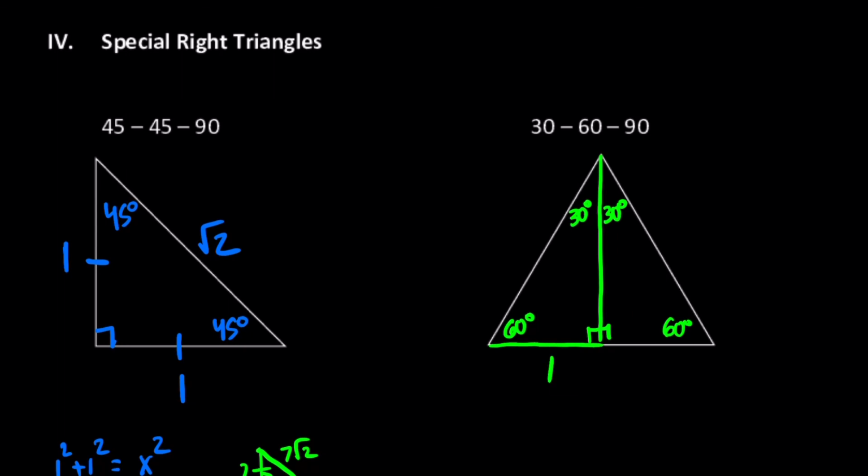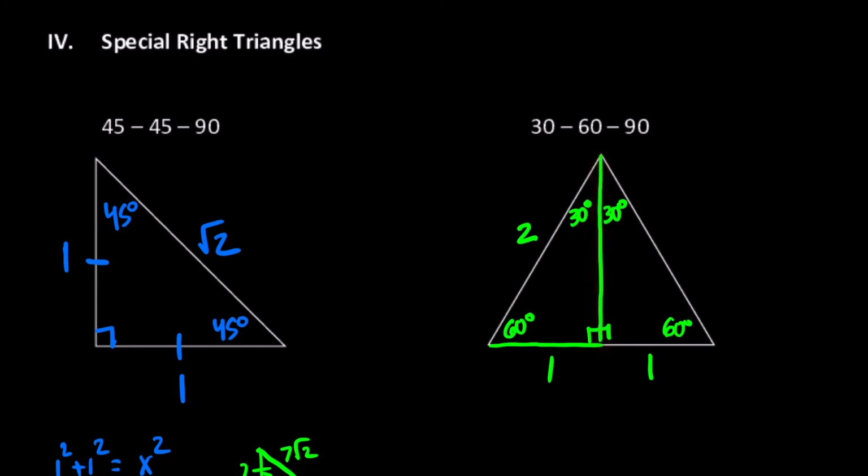Well, remember from geometry, not only is that an altitude, but it's a median and an angle bisector, so this side over here has to be 1. Since it's an equilateral triangle, if this entire length here is 2, that means this length here has to be 2. So now all that's left for us to do is find this side.